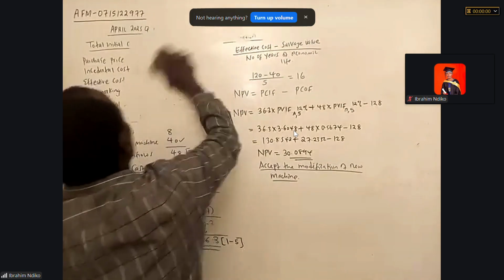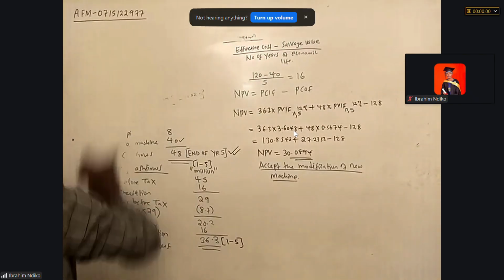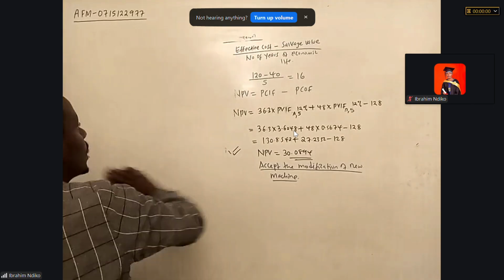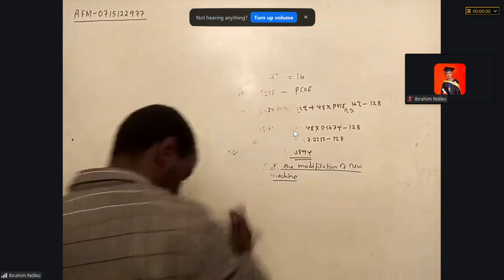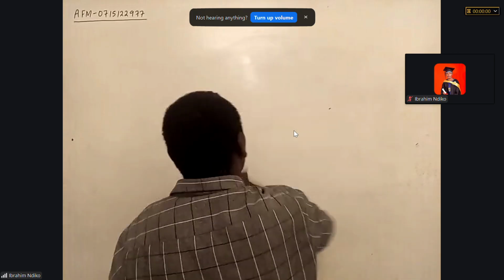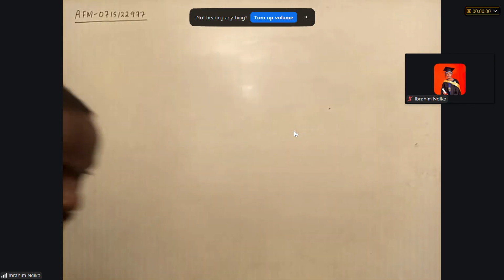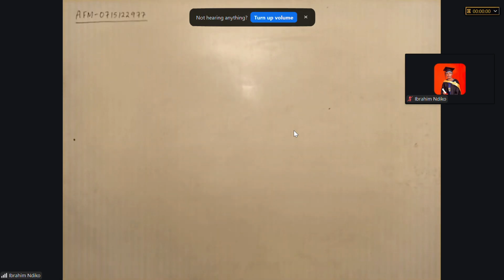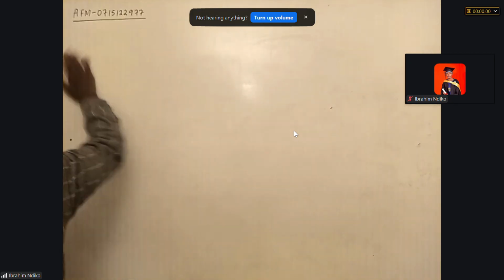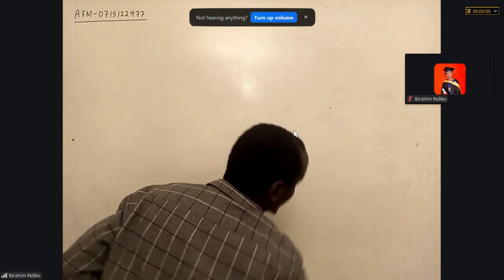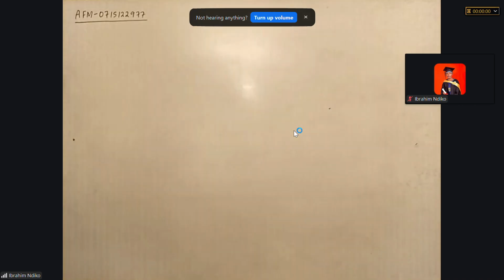So methods of evaluating risk. As I have said, I will start with the second and the third method. Then we do the sensitivity if time allows.